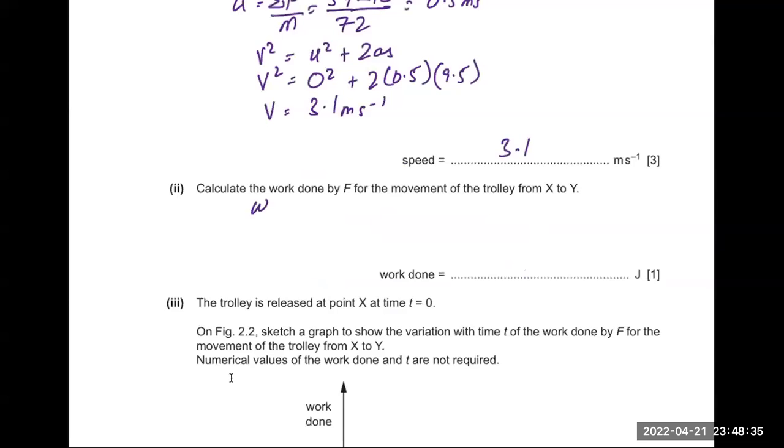So for 1 mark, we'll say work done is force times displacement. Force is 54. Distance or displacement in that direction is 9.5. And that gives us the work done, 510 joules. 510. Is this clear?